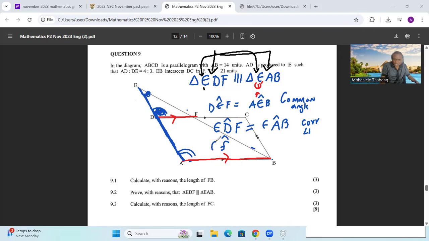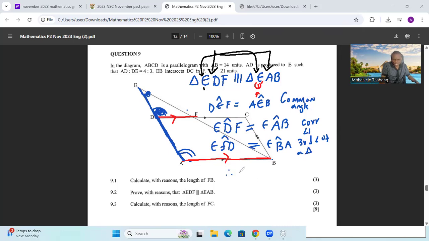So we're going to say the angle F, so it's still EDF, equals angle B. In which triangle? In EBA. This is the third angle of a triangle.